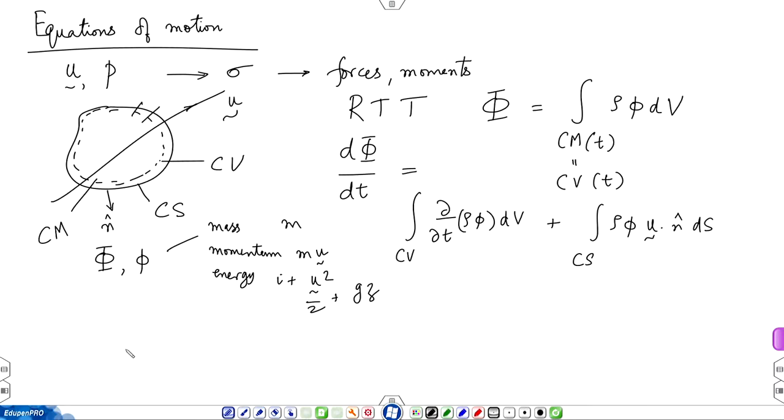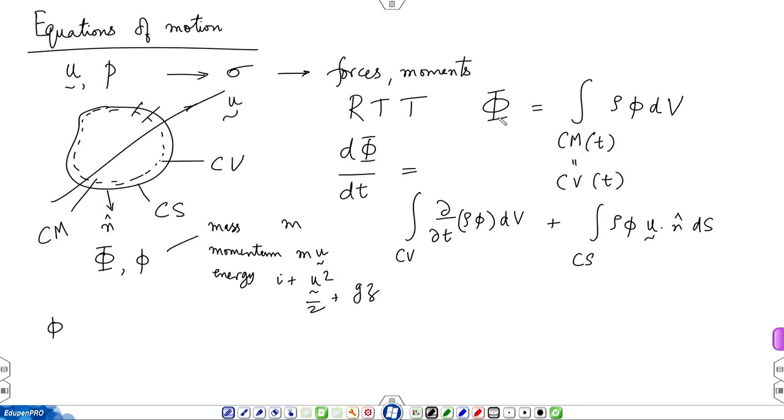So, when you pick capital phi as the mass of the material, you know that d phi dt, the left hand side, is evaluated for that mass and it is conserved. So, the time derivative is 0. So, conservation of mass.